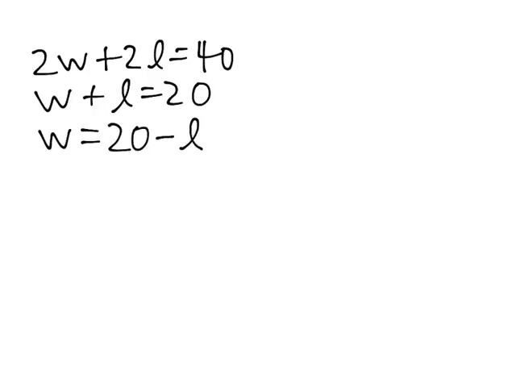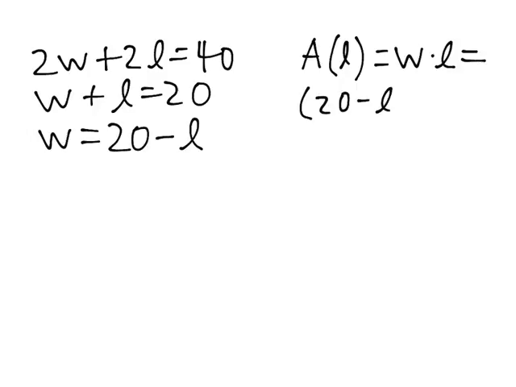Now we can write the area as a function of only l. A of l is equal to w times l, which is equal to 20 minus l times l, which equals 20l minus l squared. Now to maximize this area, let's take the derivative to look for critical points.